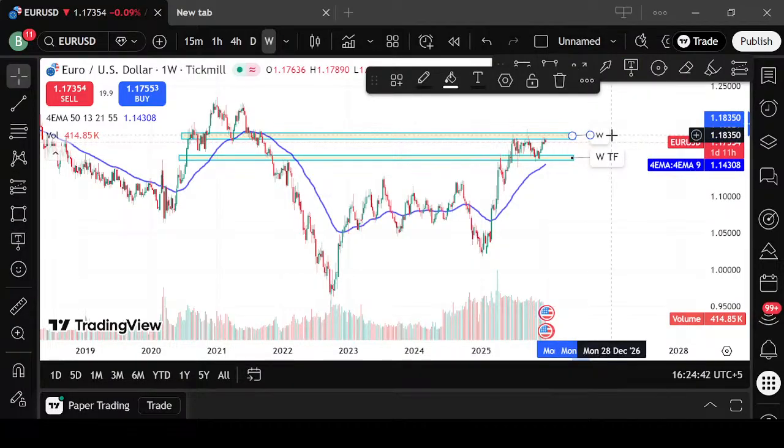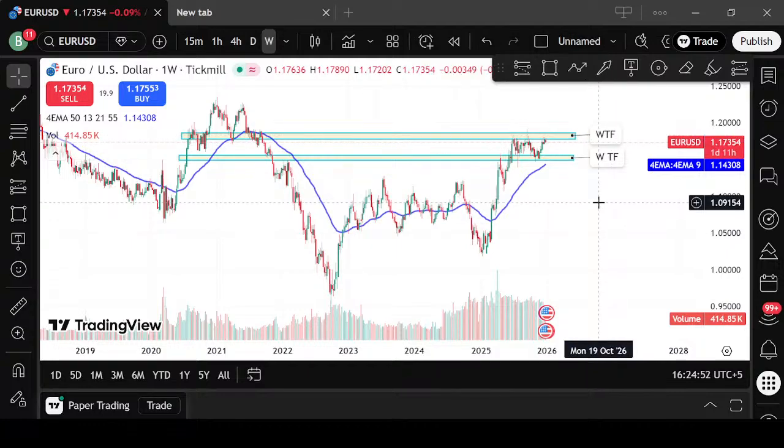So it is the weekly time frame. Okay, now you can clearly see that there is a support area and the upper is the resistance area on the weekly time frame. Now these two are the closest support and resistance.